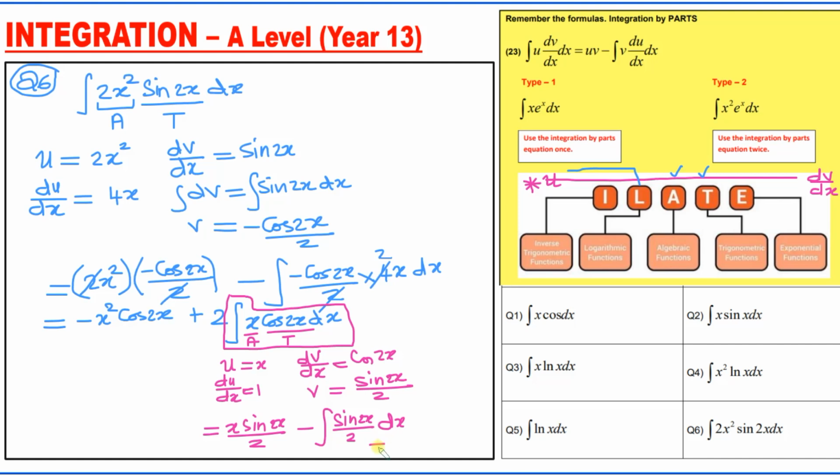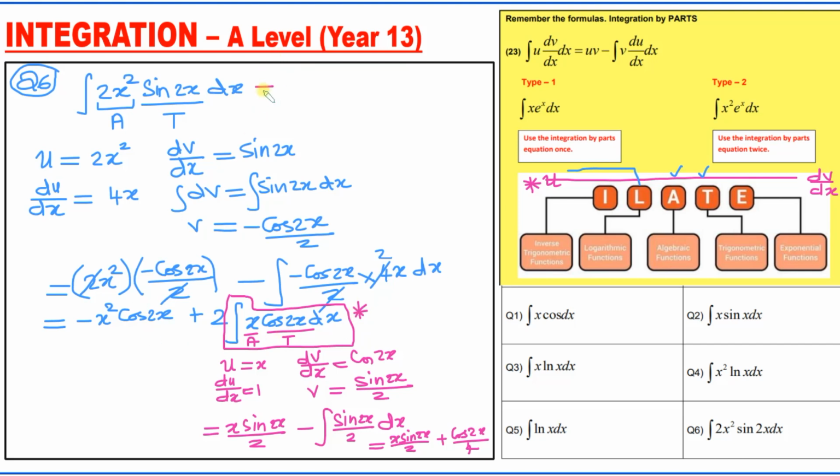And now if you integrate that, the answer is x sine 2x over 2 minus the integration of sine 2x, which is minus cos 2x over 2. So that becomes plus cos 2x over 2, and 2 times 2 is 4. So that is the answer for this part, the one I'm putting the star mark on.